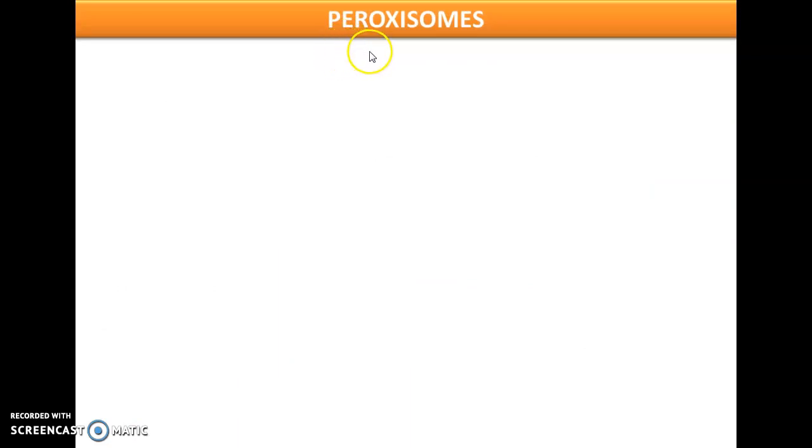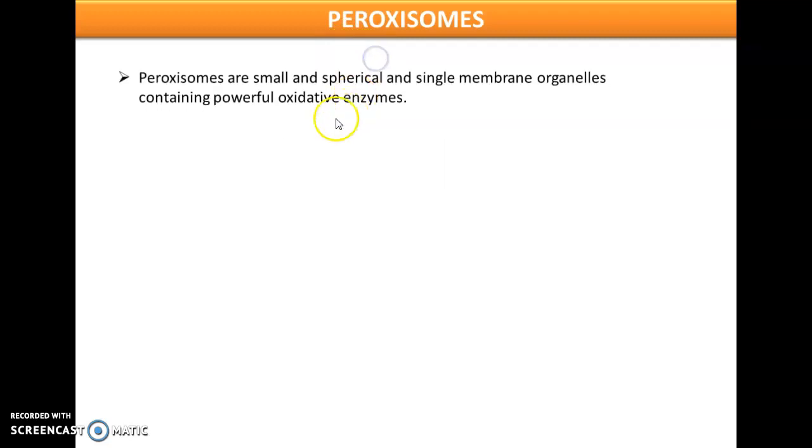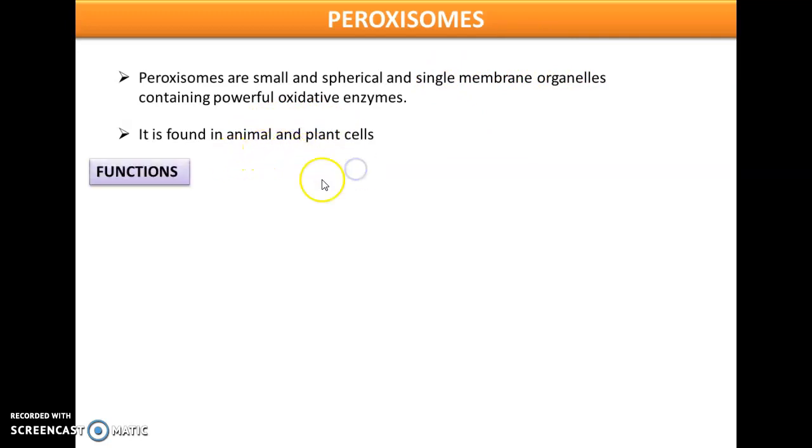Next organelle is peroxisomes. These peroxisomes are small, spherical, single membrane organelles, and they contain some powerful oxidative enzymes. They are found both in plant cell and animal cell. Functions.